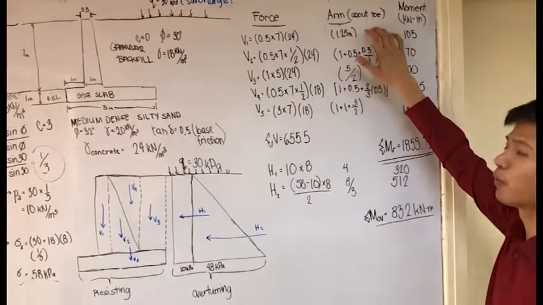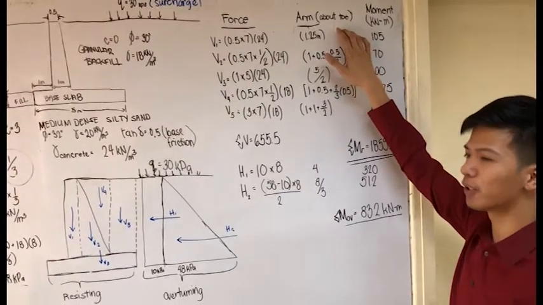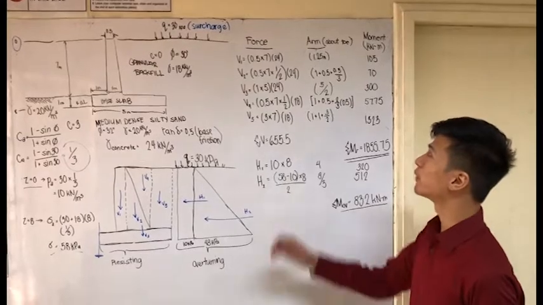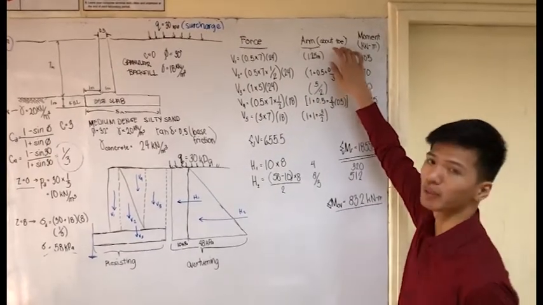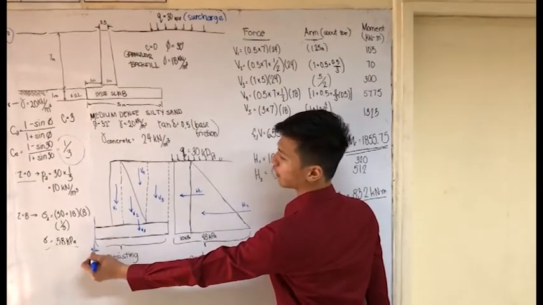Next, we will multiply it by the lever arm, in which we will take its moment about the toe. Once we have the force, we multiply it by the lever arm, taking a moment about the toe. So this is the reference point, the toe.